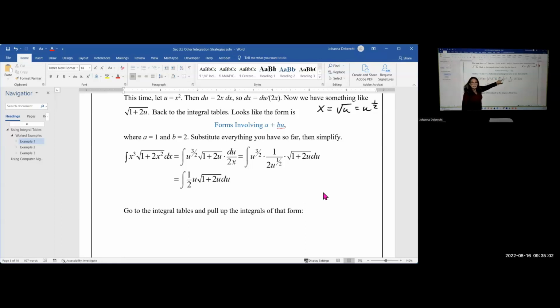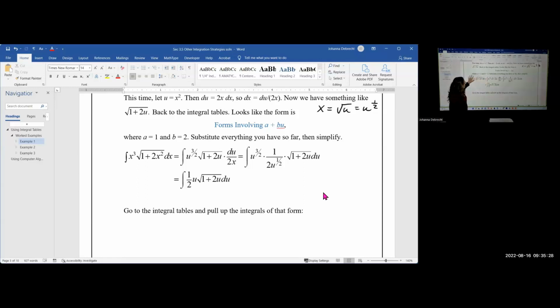But I know what x is. Remember, x is the square root of u, or u to the 1/2 power. So I can replace the x with the 1/2 power. And then u to the 3/2 divided by u to the 1/2. Remember, when the bases are the same, we subtract the powers. 3/2 minus 1/2 gives us u to the first. So I have 1/2 u square root of 1 plus 2u du.